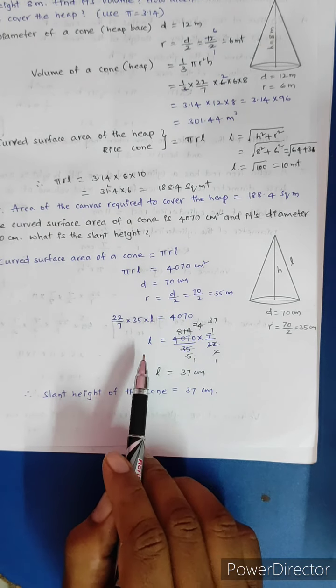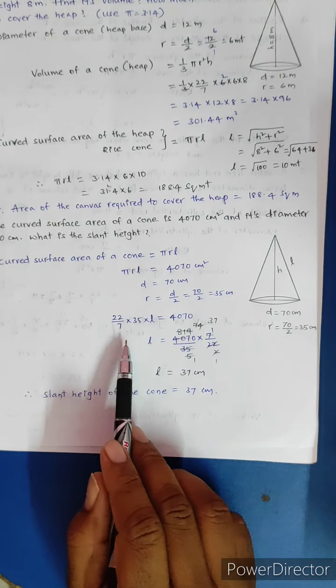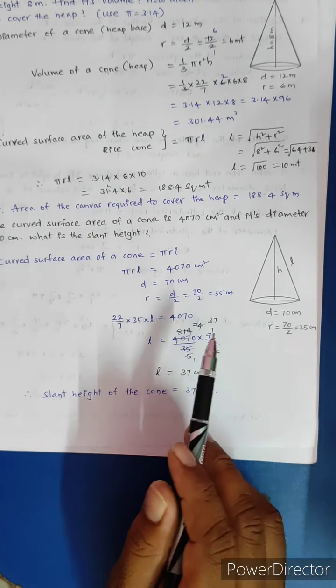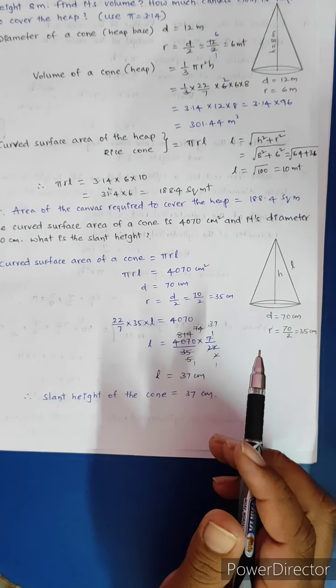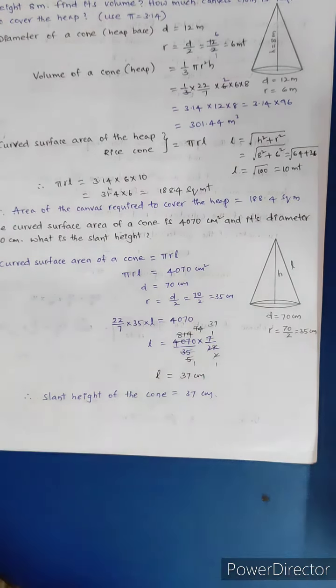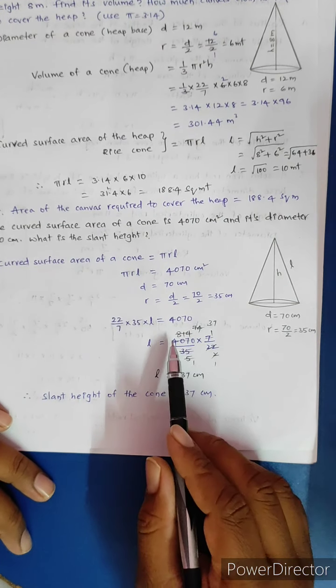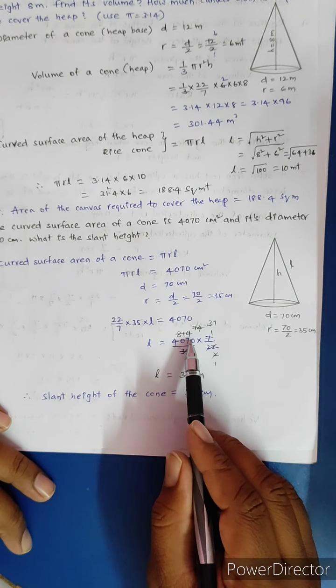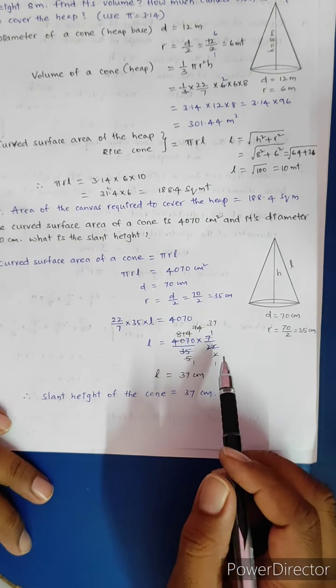Take l as the subject, then send all the remaining terms to the other side. 22/7, after transposition, changes to 7/22. Now do the cancellation.